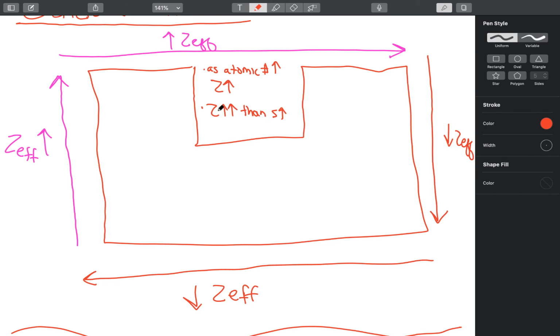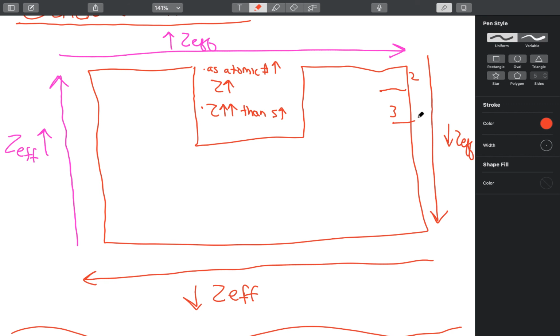Now, the effective nuclear charge decreases from top to bottom because as you go from top to bottom, you are adding new electronic shells as you go down. So as you, let's say, go down from group 2 to group 3, you add a whole new electronic shell to that particular atom.